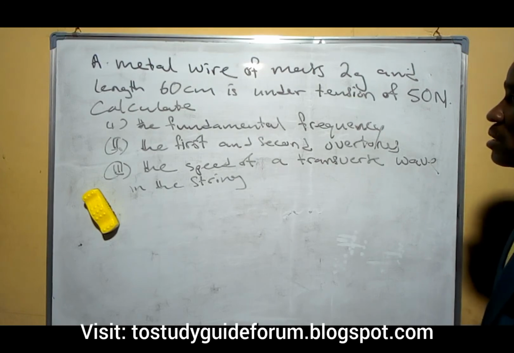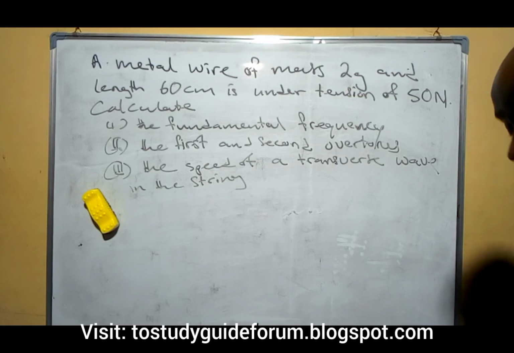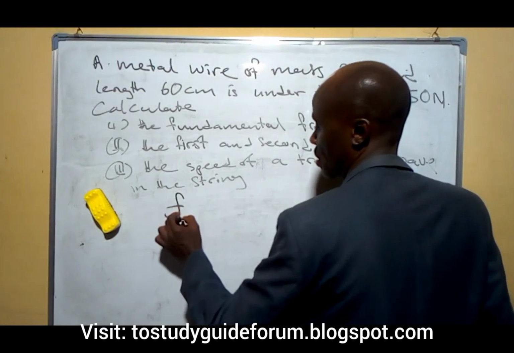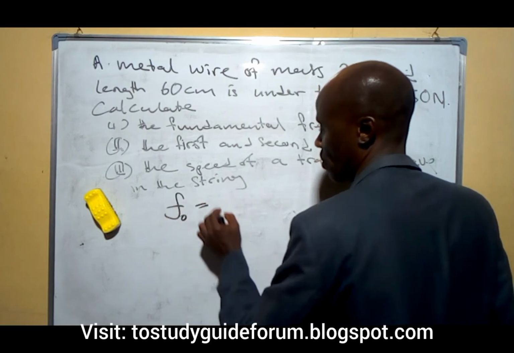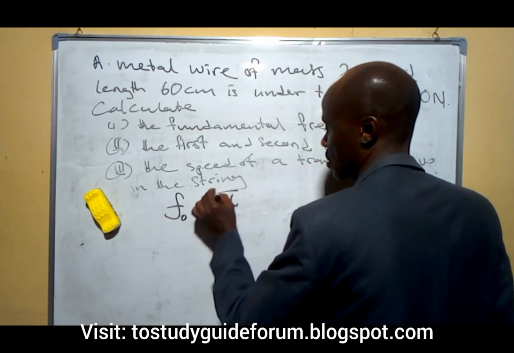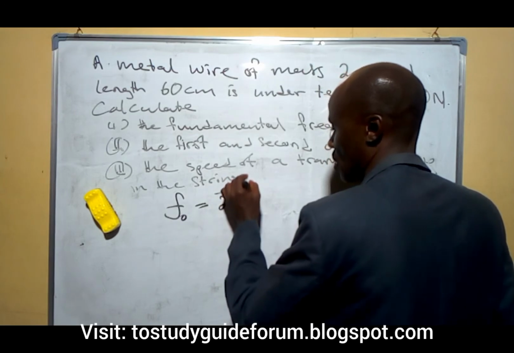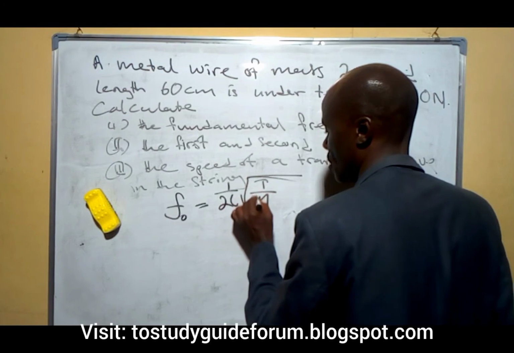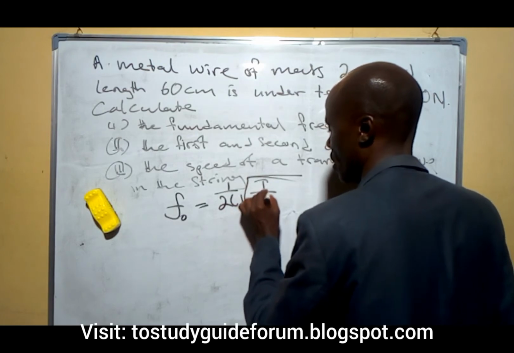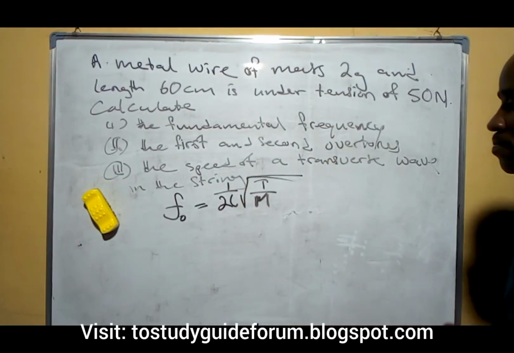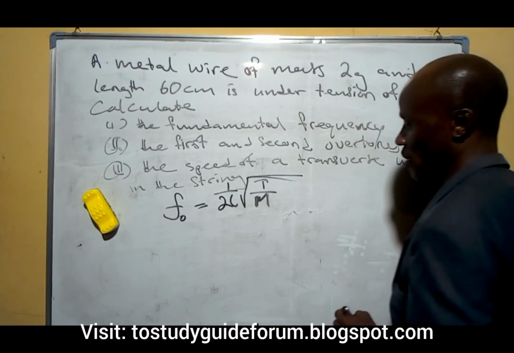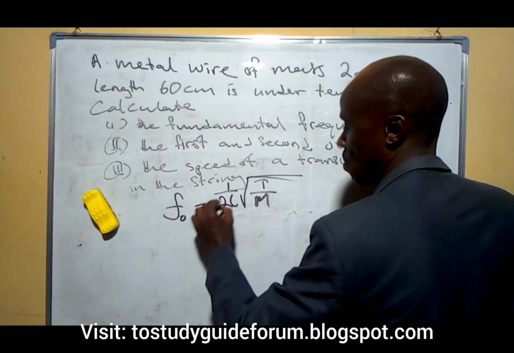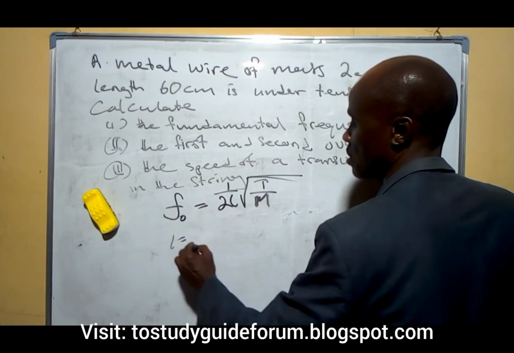So in this case, let's look at the question. Remember, in a string, the fundamental frequency is given by this formula: f = (1/2L) times the square root of tension over m, T over m, where L stands for the length.